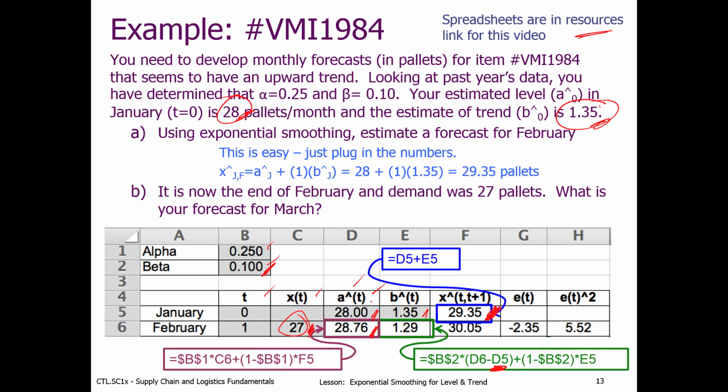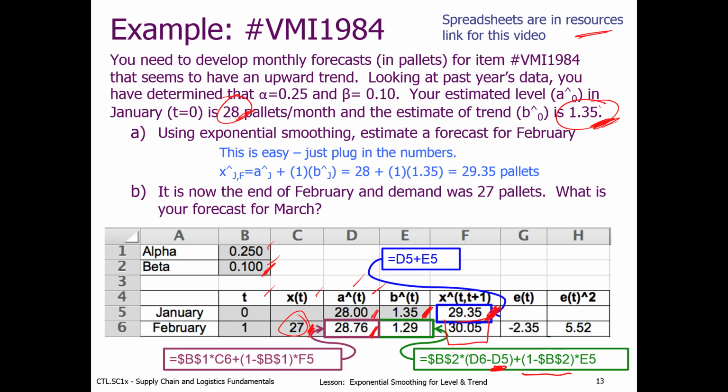So it's lower than what I had estimated in January, which was 1.35, which is shown right here in cell E5. So I'm going to take that new estimate, the D6 minus D5, and multiply that by my beta, and add 1 minus beta times that value in E5, which is my most recent estimate of the trend. So it goes straightforward, and so my forecast for March sitting in February is what's here in cell F6, 30.05.